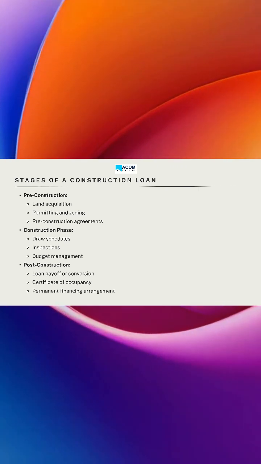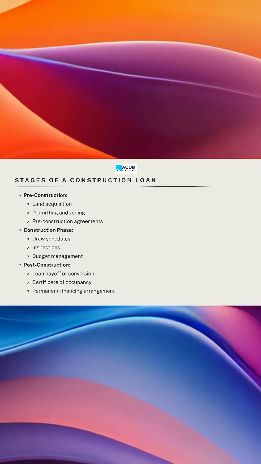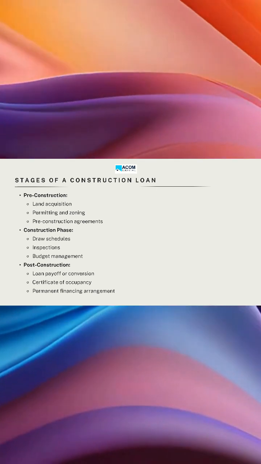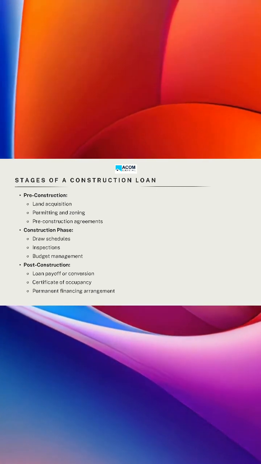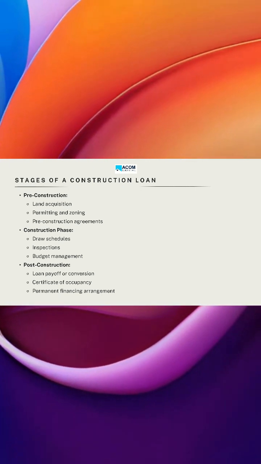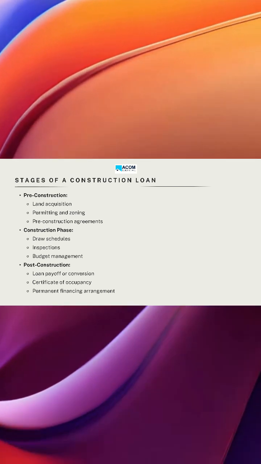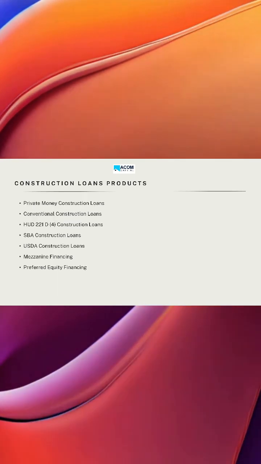Like I said, after the completion of the construction loan, you should be able to do a conversion to the permanent loan, or some sort of exit strategy. Certificate of occupancy, that's when you are ready to move in, or the tenants are ready to move in. The permanent financing arrangement, we already talked about.